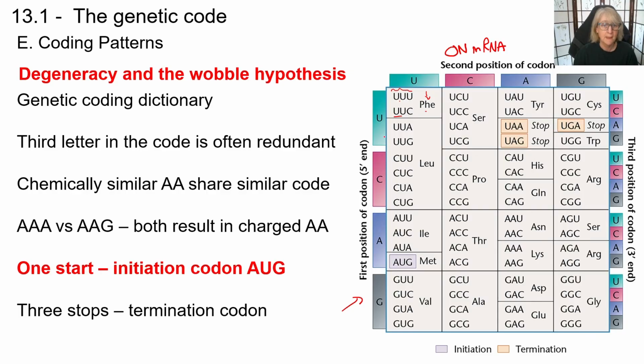for. The way you read this is, if I have a code that says C, C, C, I start reading from the 5' end of my mRNA molecule, and I read C. That's my first position. I read my second position, C, and then my third position, I find it in this box.